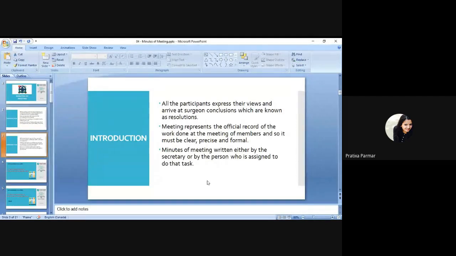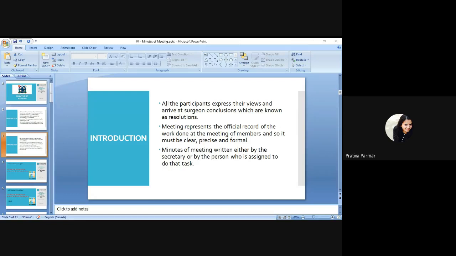Minutes of the meeting is a kind of official document. So it should be very clear, it should be very precise, and it should be very formal. You cannot write anything in minutes of the meeting. You can only write the things that have actually happened during the meeting.